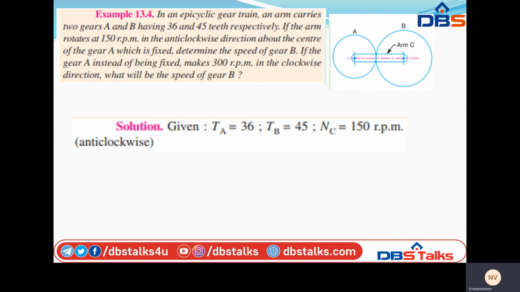At the same time, if the gear A is rotating, in which the speed of the gear A is 300 rpm in the clockwise direction, then what will be the speed of the gear B? So here we are having two conditions. So firstly, we need to write up the given data. TA is equal to 36, TB is equal to 45, and NC is equal to 150 rpm in the anti-clockwise direction.